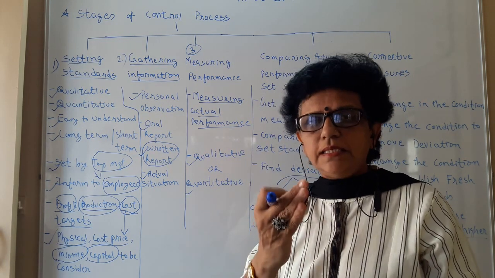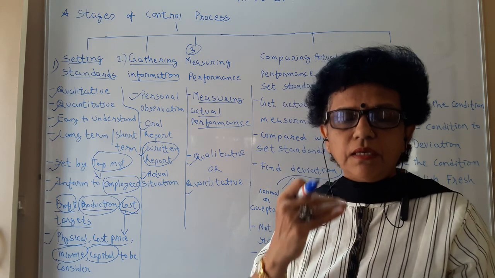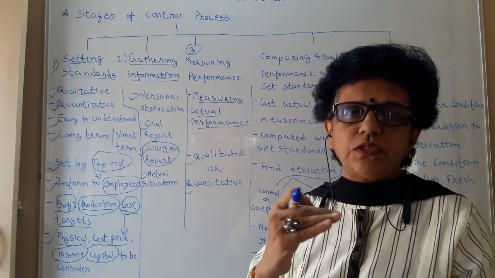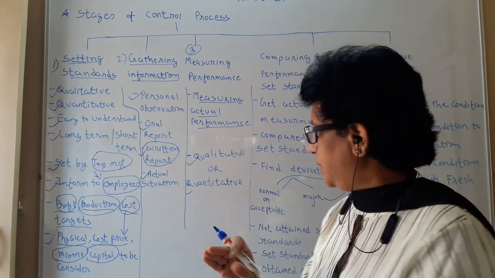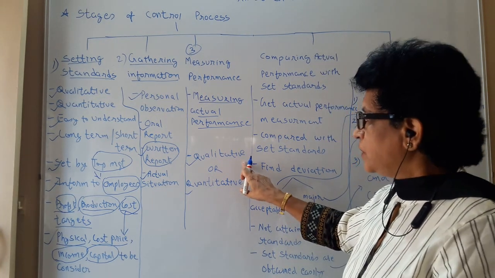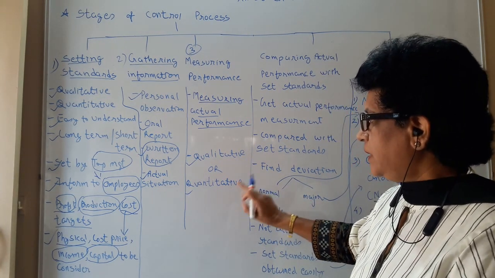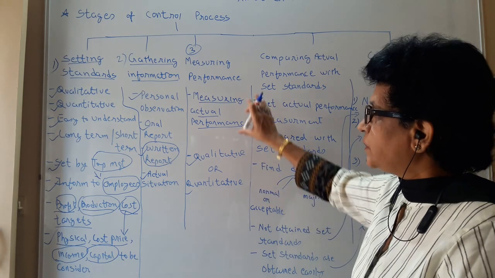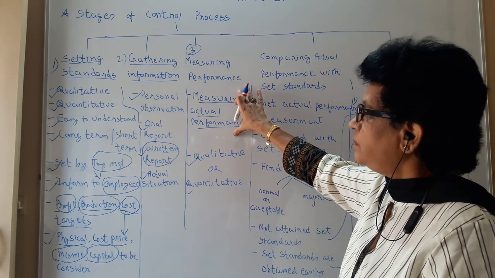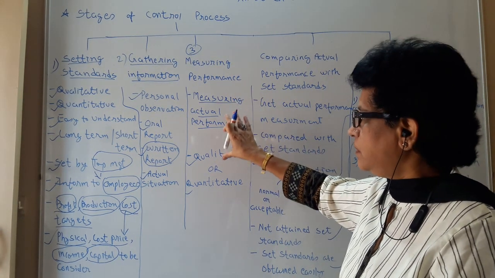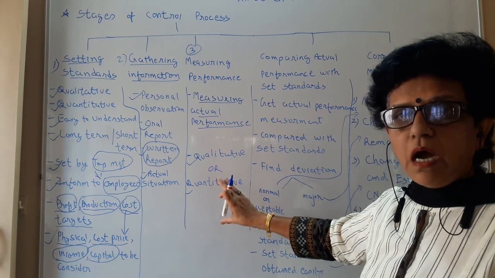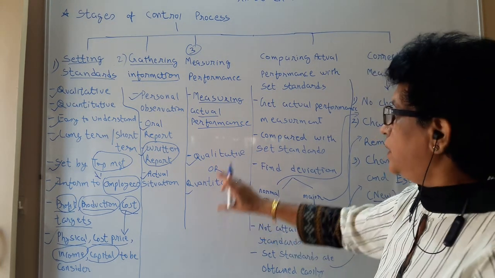And you can easily say that the person is performing his duty in a very qualitative manner. So with qualitative and quantitative means you can measure the actual performance, and you come to know about every individual, how they are doing their work.